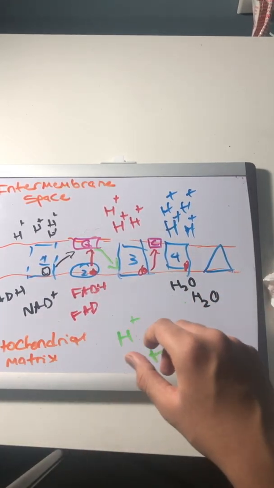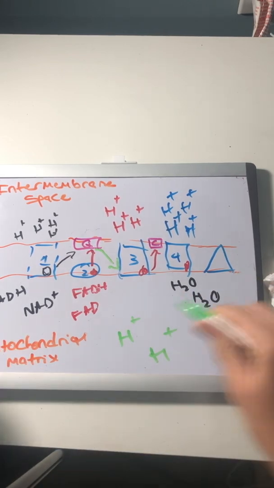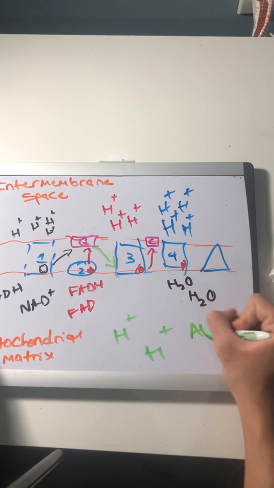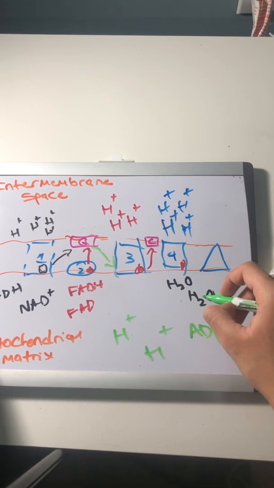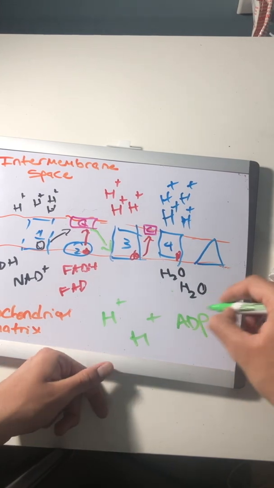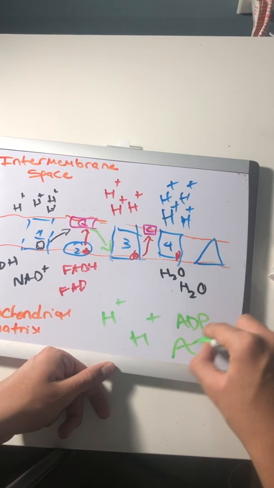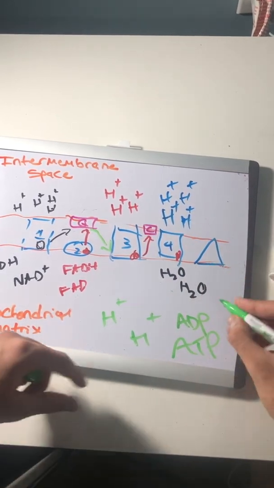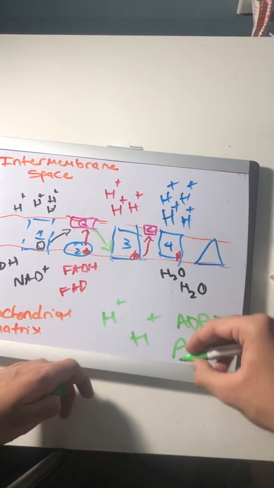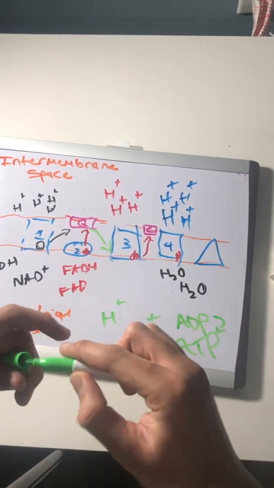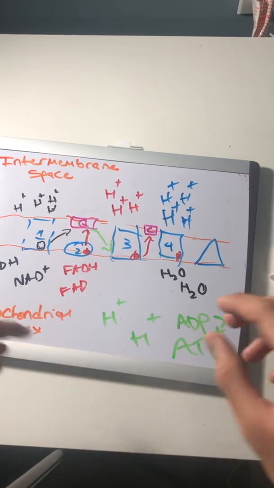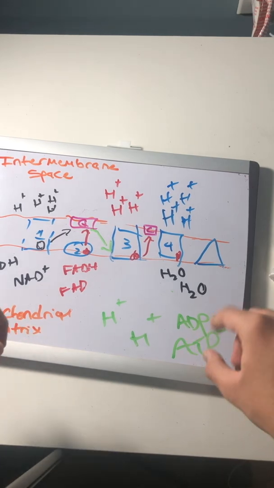Within this area, our body contains a lot of ADPs that are just waiting to make ATPs. ADP is reduced to ATP, which means it gains those protons.